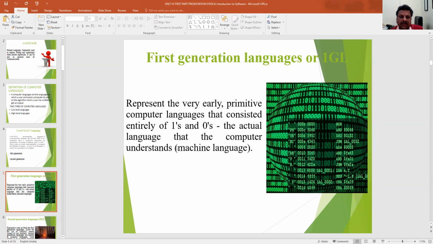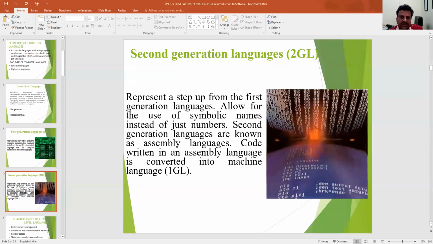They represent very early primitive languages that consist entirely of ones and zeros, the actual language that the computer understands. Second generation languages represent a step up from the first generation, allowing the use of symbolic names instead of just numbers. Second generation languages are also known as assembly languages. Code written in assembly language is converted into machine language.